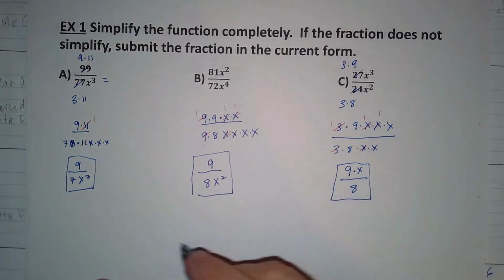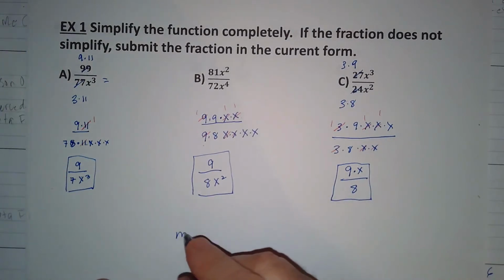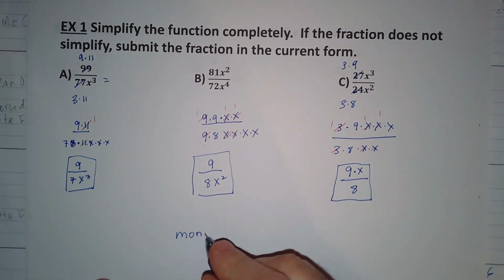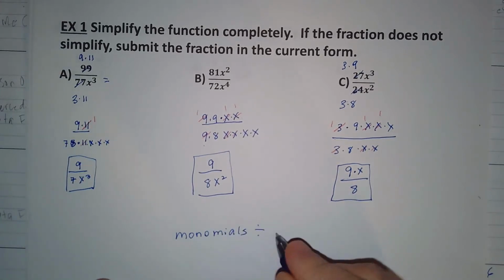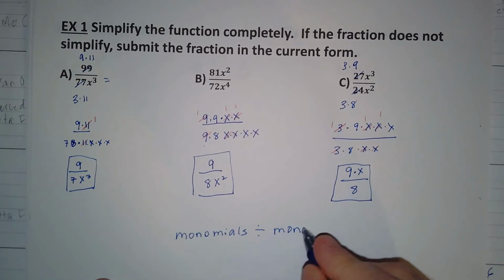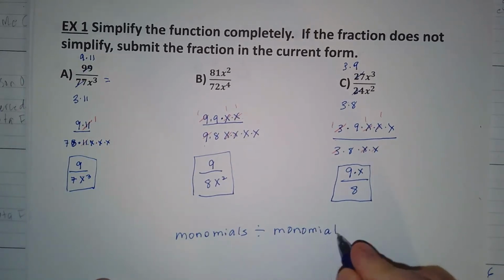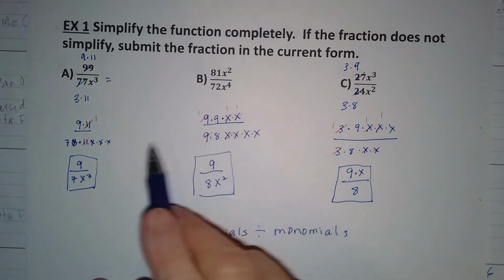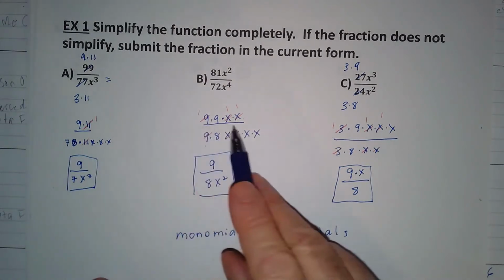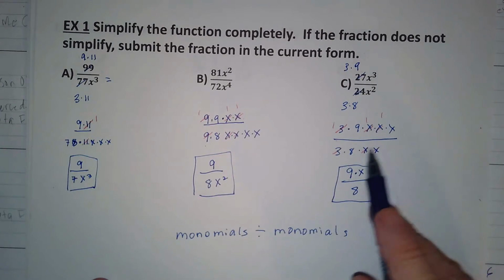All right, so these are, again, monomials divided by monomials. All right? So you'll notice in every single case what we did was in the numerator we broke everything down into something that could be multiplied.